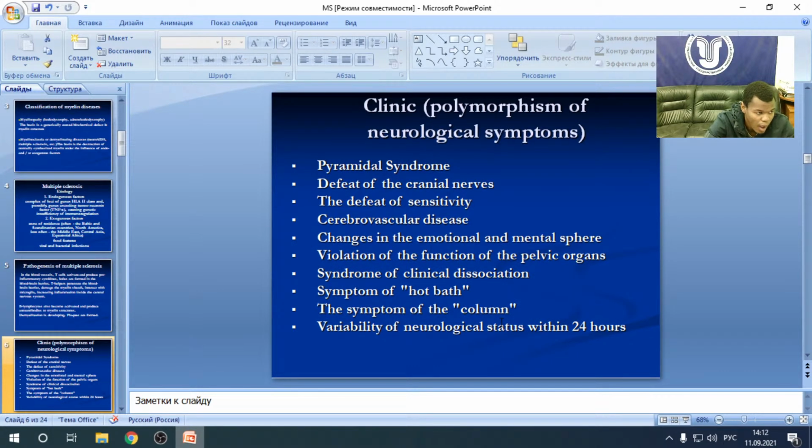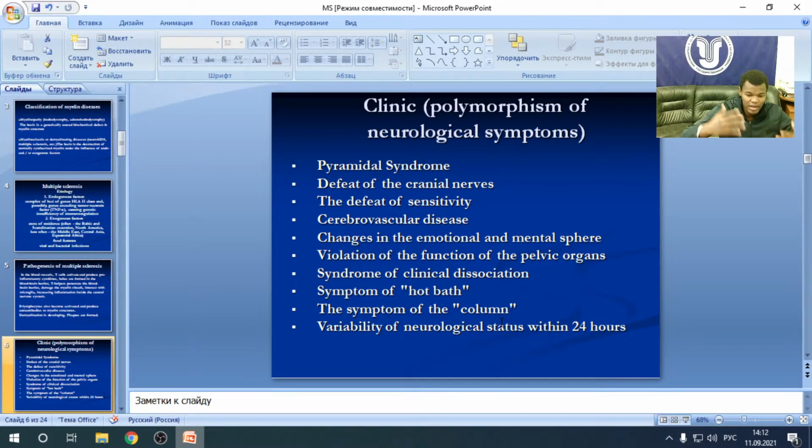Now, after knowing the pathogenesis, how it is happening, we are going to have the clinics. Clinics are what we can see, the symptoms we can see when we are performing a physical neurological examination.